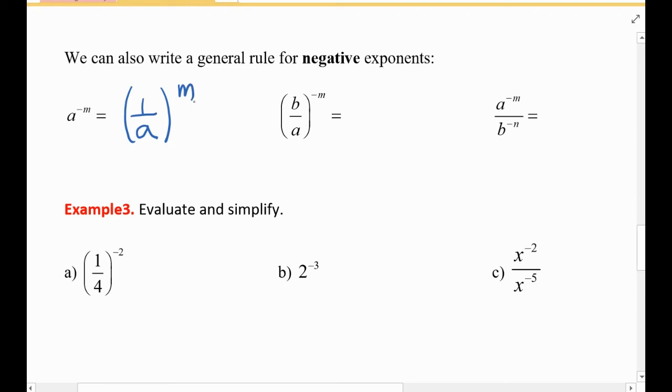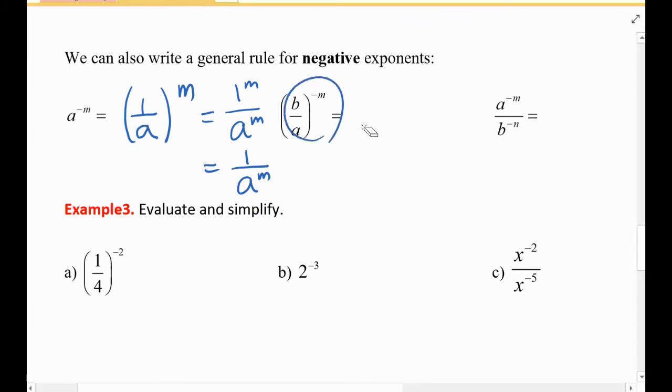Negative m becomes m, and this is actually the same as 1 to the power of m over a to the power of m, but 1 to the power of m is just 1, so we write it like 1 over a to the power of m. So remember, a to the power of negative m is 1 over a to the power of m.